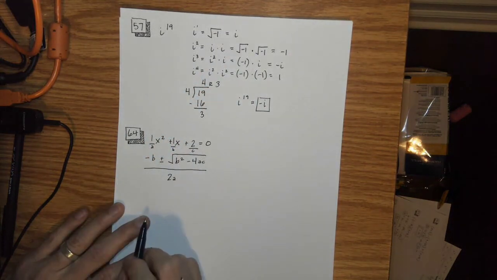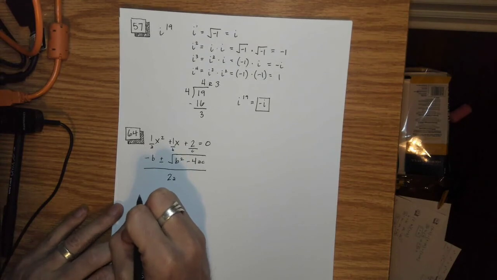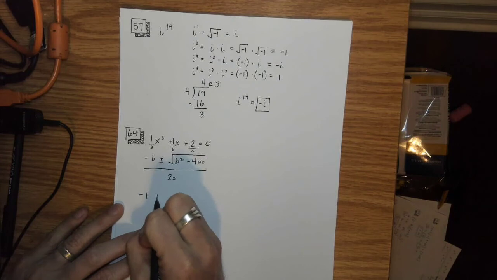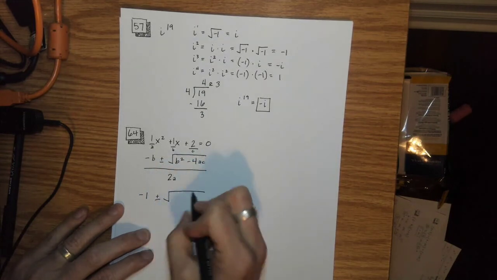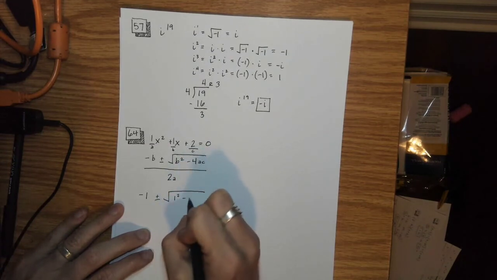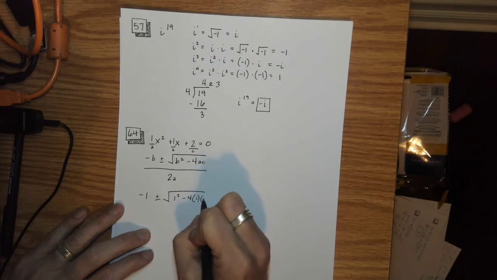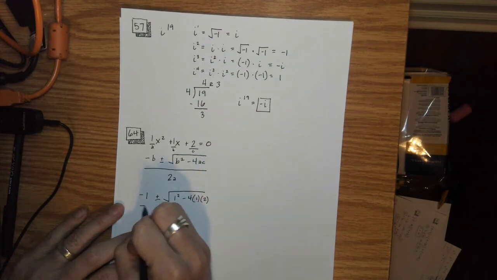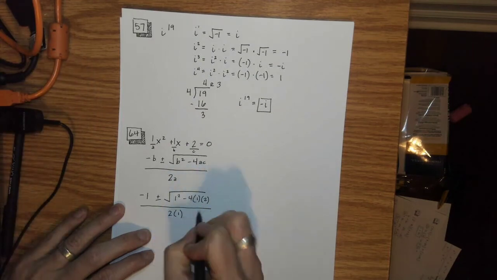So we're going to have a negative 1 plus or minus, and this b is going to be squared, so it's just 1 squared minus 4 times 1 times 2. And this is all over 2 times 1.